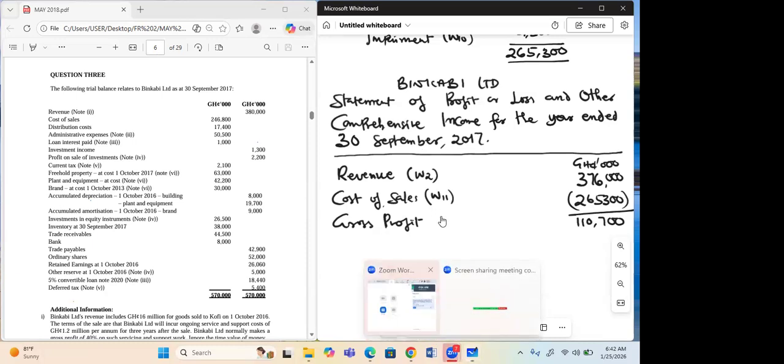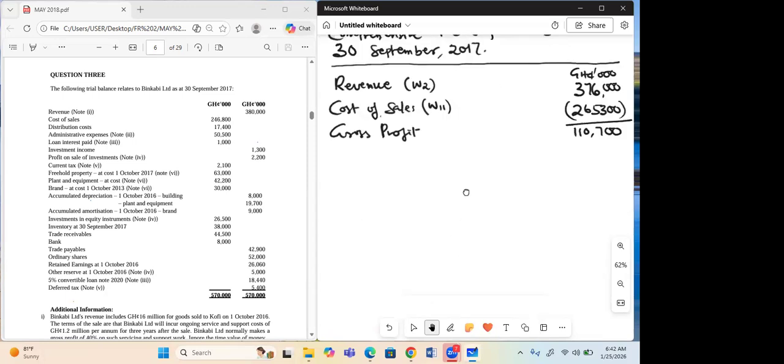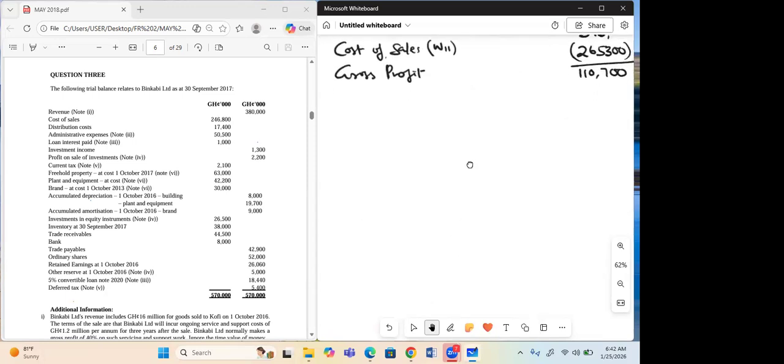Distribution cost. Yes, so operating expenses, distribution, and admin. Give me admin expense. We worked admin. 28,500, working 4. Where's the working? Working 4, 28,500.